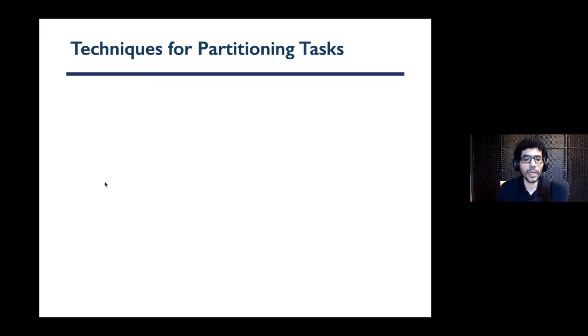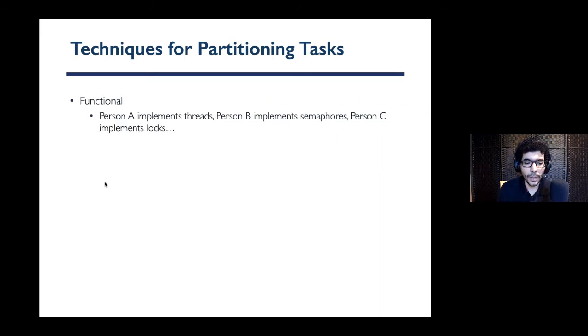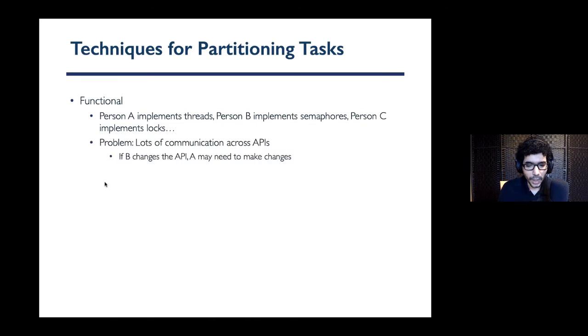Before talking about communication, what are the ways that you can partition? You can partition your group's work in a functional way. Basically, teammate A implements threads, teammate B implements semaphores, somebody else implements locks, mutexes, whatever.